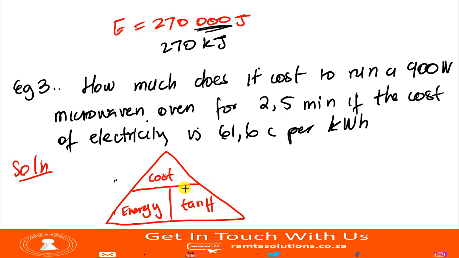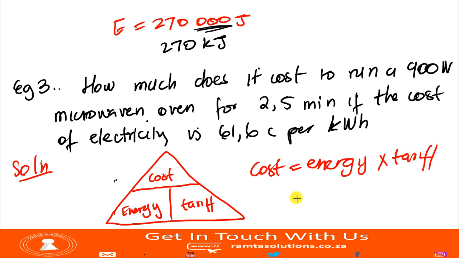All right? Now we are looking for the cost. So if you recall, we will basically say cost is energy times tariff. What is this energy? This energy is power times time, of course, times tariff. Remember, if you don't want to say tariff, you can say plan, right?